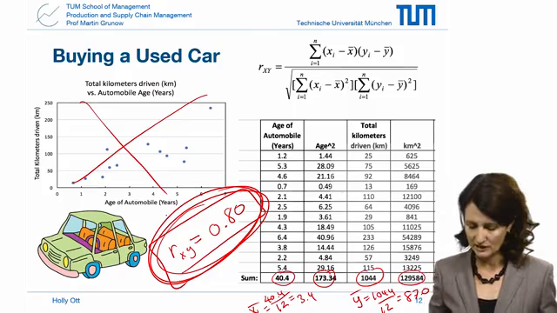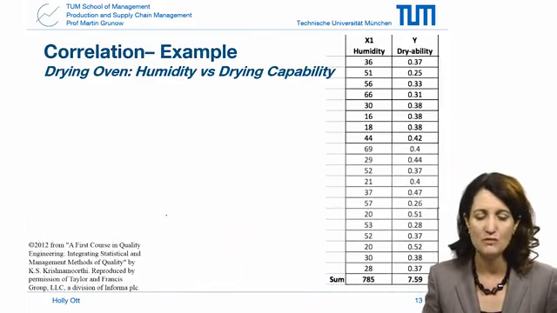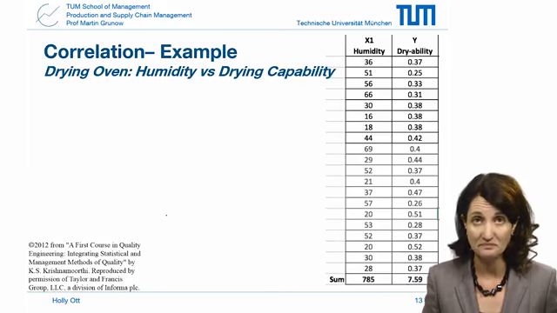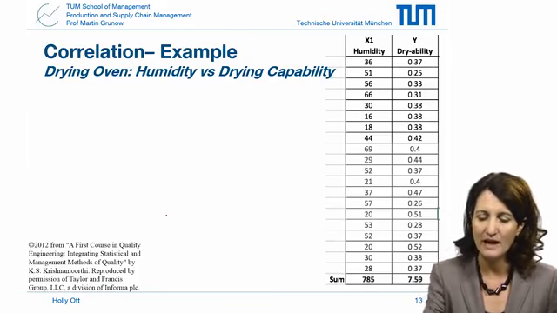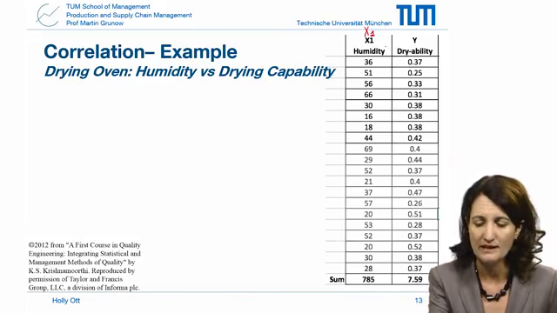But before we do that, let's look at the example from the book. Here we have the drying oven, humidity versus drying capability. Again, this reflects back to the study of the bonding that they were performing for the cable harnesses. Here this is abbreviated as X sub 1, one of the possible X's, humidity, and dryability.